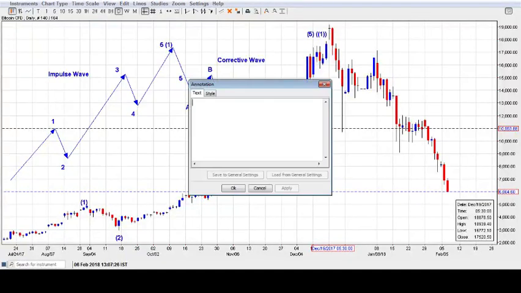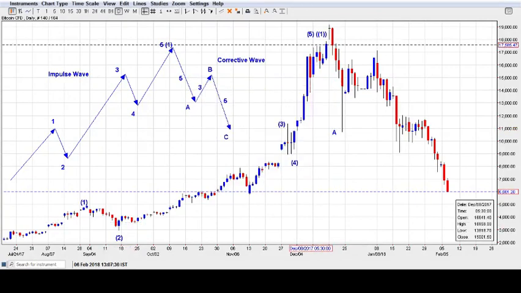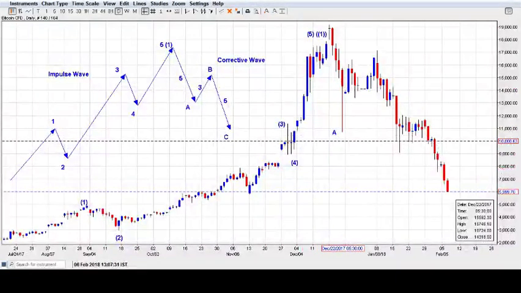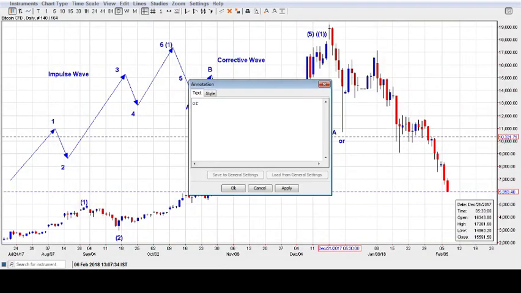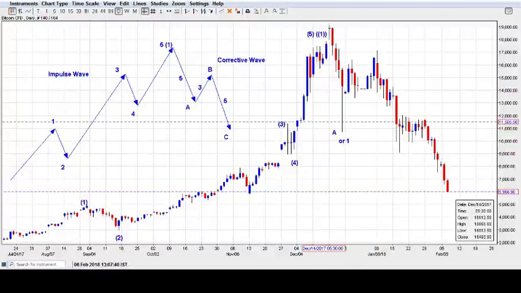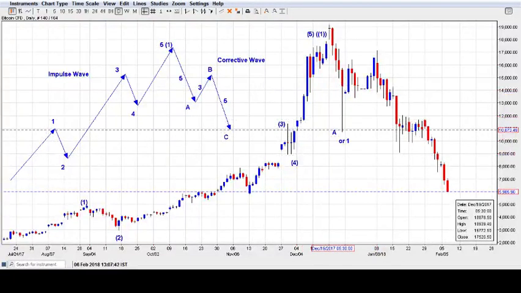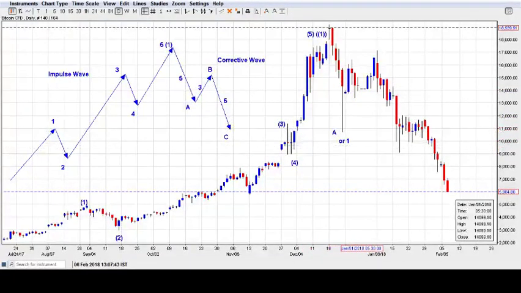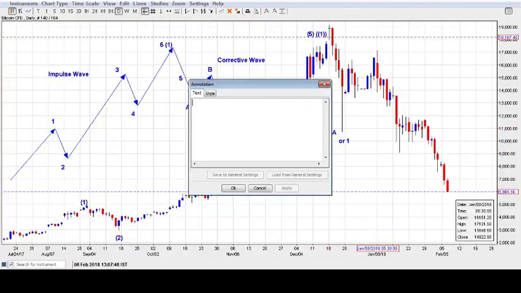We are good with that, right? So 5 up, and then A, or should I plot 1? We never know if it's going to go 3 waves or 5 waves. So let's have an alternate view as well, wave A or 1, which we have always carried on with us. That is wave B or the second wave.